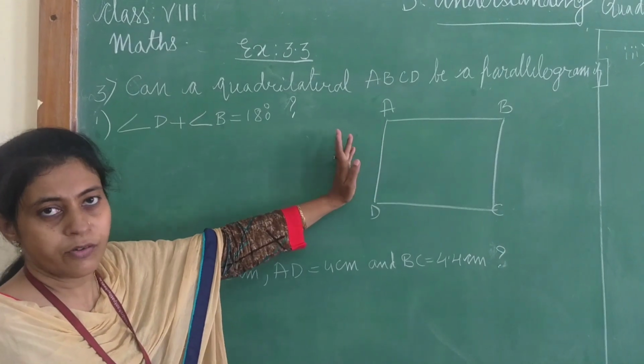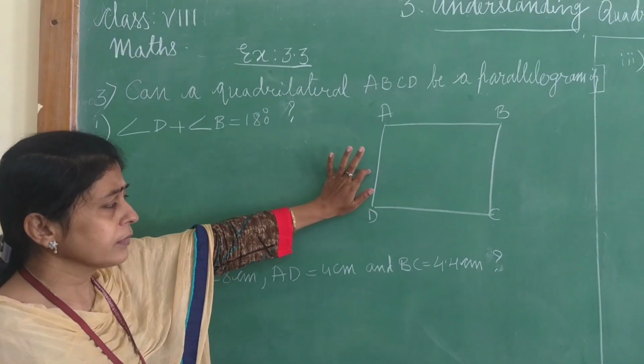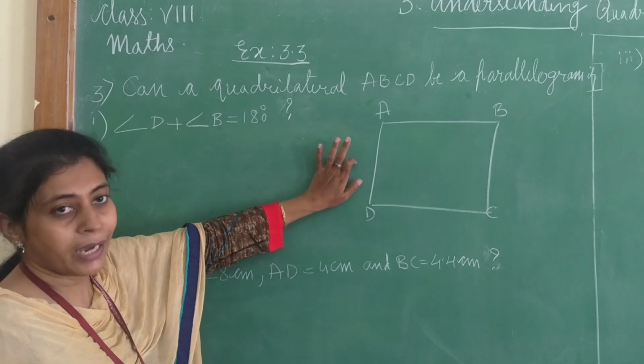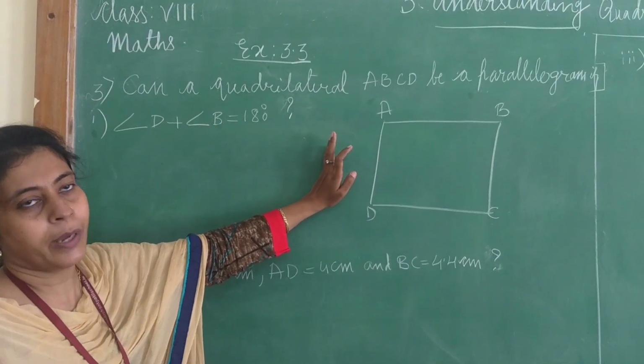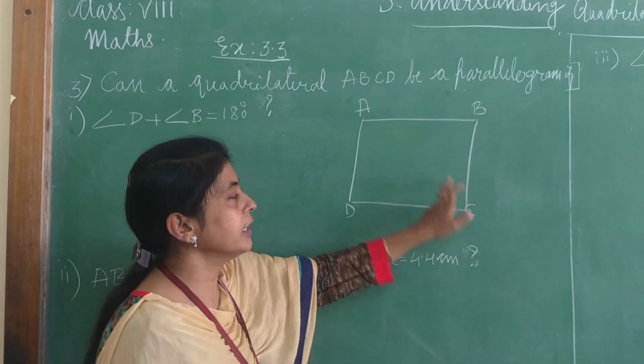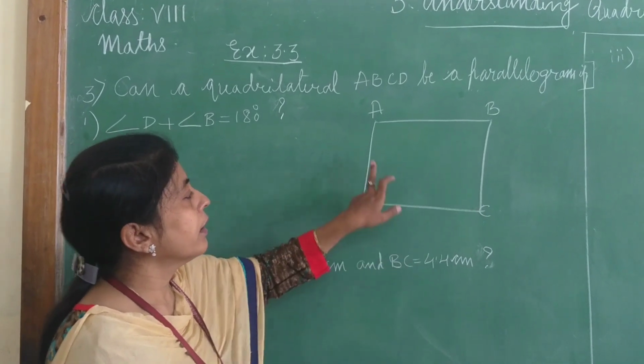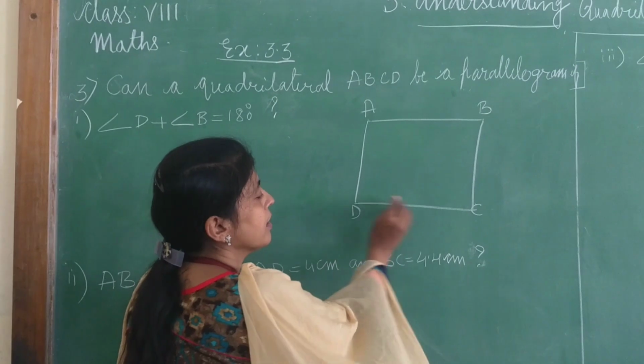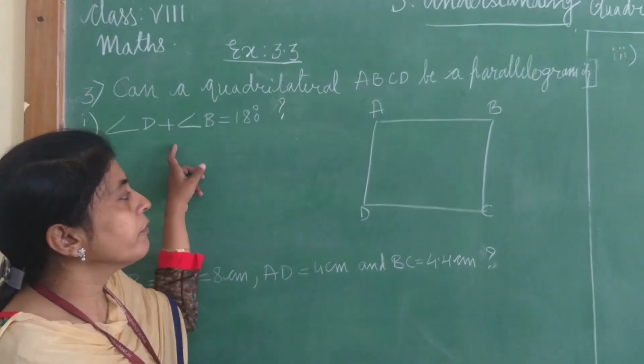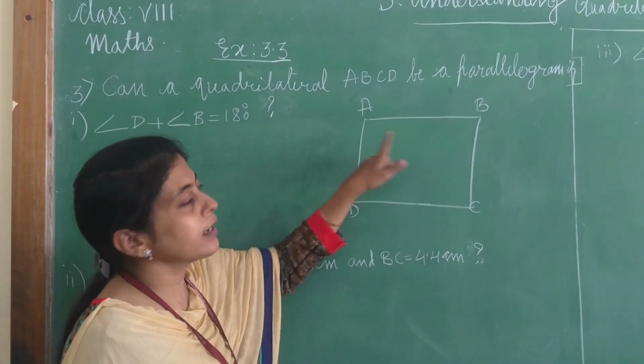Of course, it's a quadrilateral, a four-sided polygon. But can this be a parallelogram? We know very well the properties of a parallelogram, that opposite angles are equal, then adjacent angles are supplementary, and we know that opposite sides are also equal.